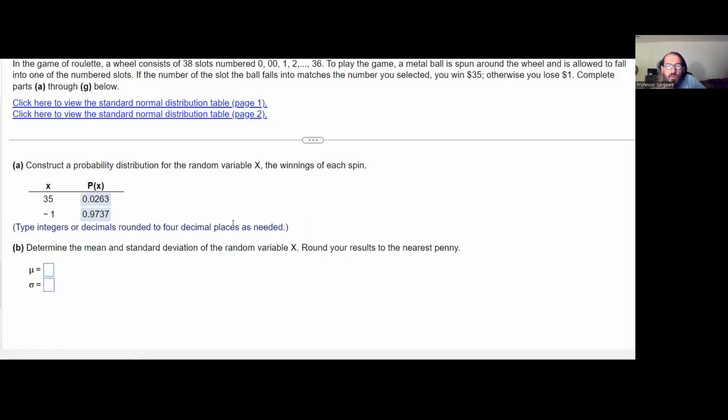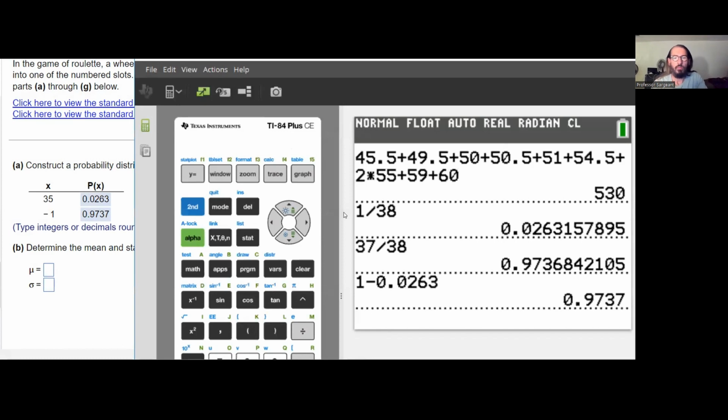Now the mean and the standard deviation. The mean would be 35 times the 1 over 38, so 35 38ths, plus the -1 score.